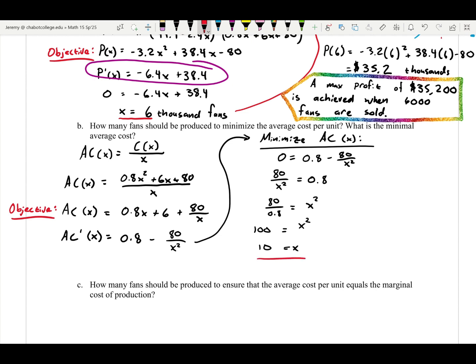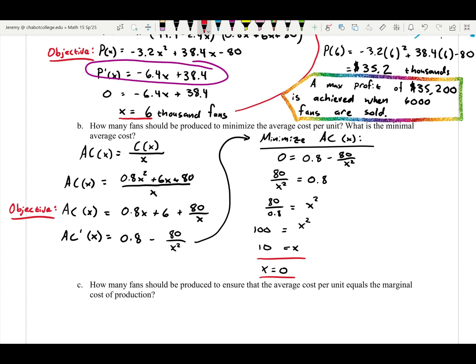We actually have an additional critical number because this derivative is undefined when x is equal to 0. So technically we have another critical number at x equals 0. However, this is not super relevant or helpful because this is just what's happening when we're producing 0 units, which is not a relevant value.